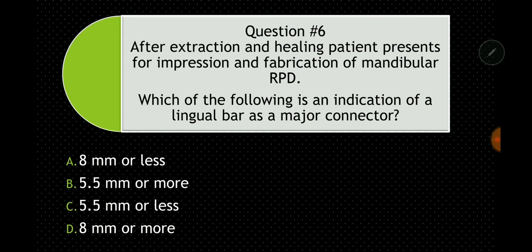All right. So, question number 6. After extraction and healing, a patient presents for impression and fabrication of a mandibular RPD. Which of the following is an indication of a lingual bar as a major connector?